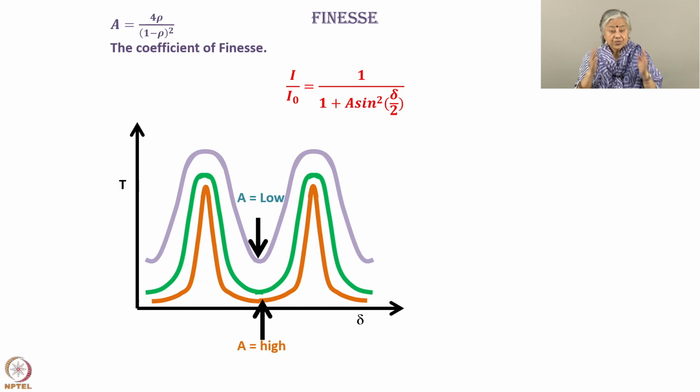So, we have these two glass plates. You have to just see what is the reflectivity of these two plates. Glass plates or anything that is transparent to the wavelength that you are trying to measure or get an interference pattern with.